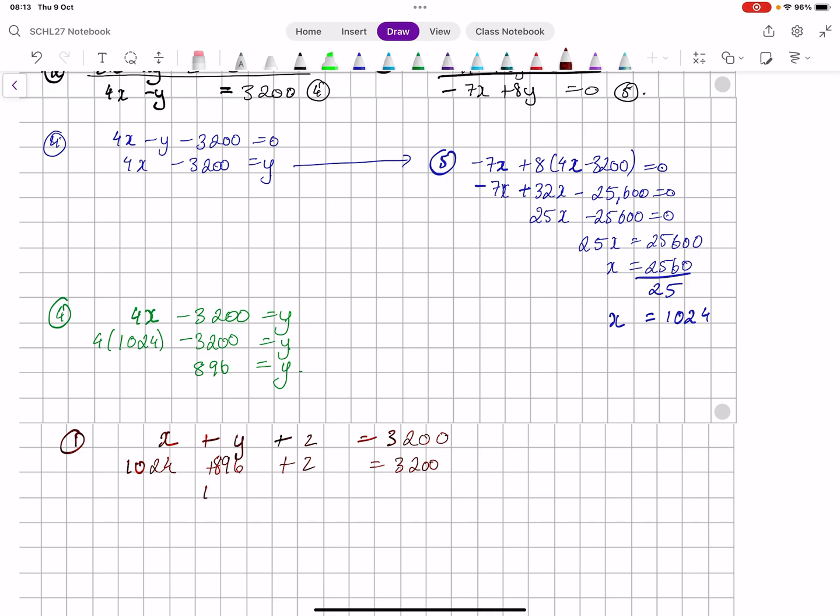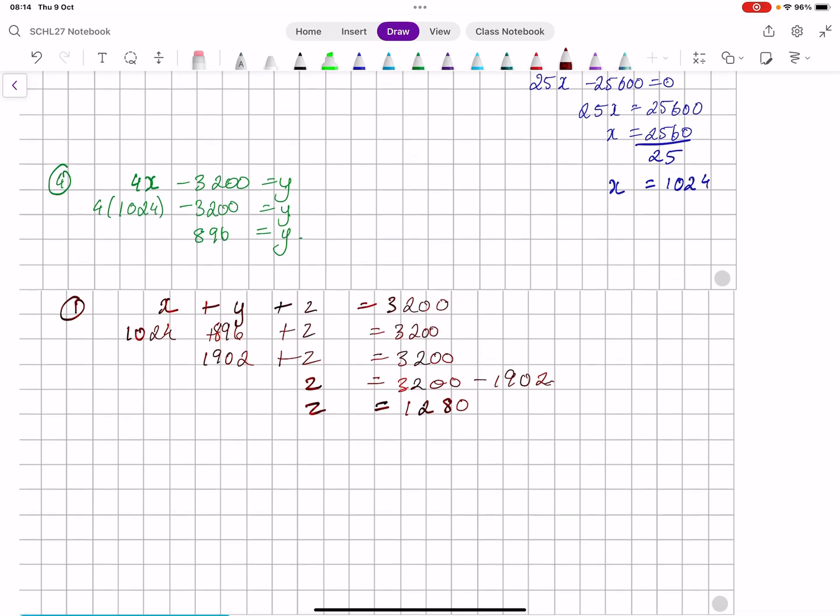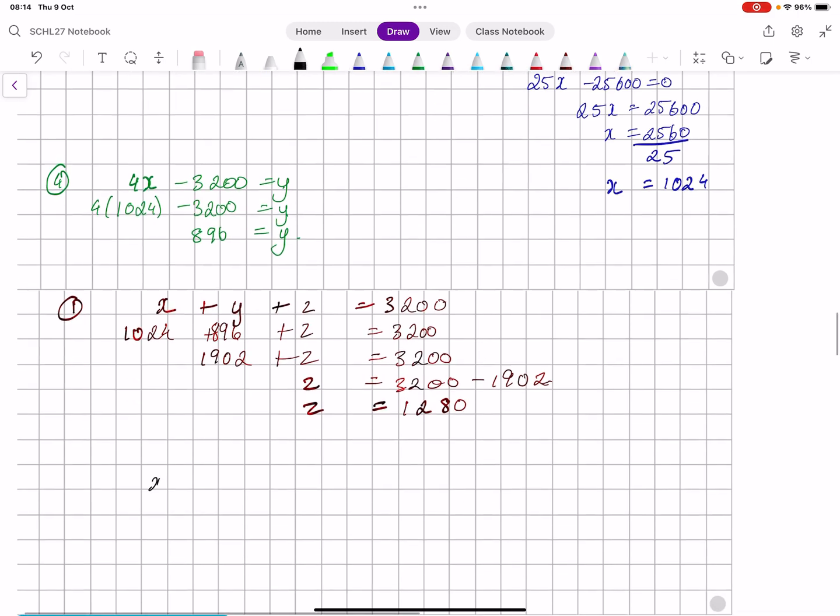So that's 1,920 plus Z is equal to 3,200. So then my Z is equal to 3,200 minus 1,920. So Z is equal to 1,280.